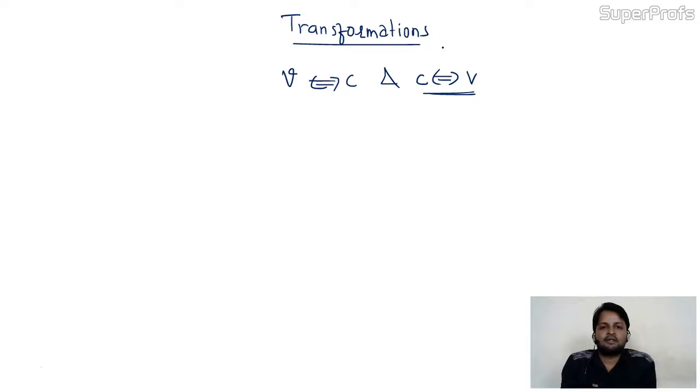This is nothing but the voltage source to current source transformation. And if we have the current circuit, we convert it into the voltage circuit, and that is the current to voltage transformation. Okay.